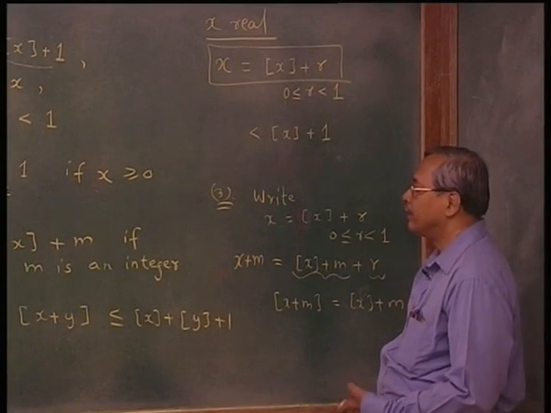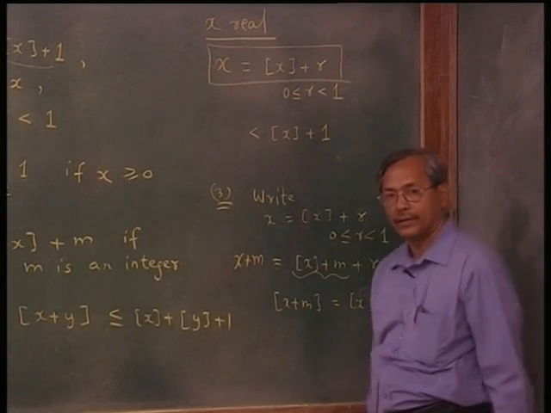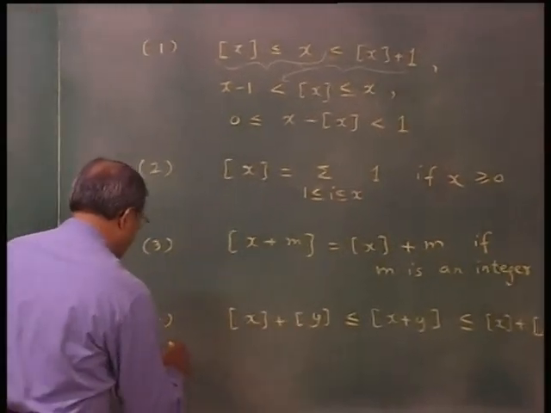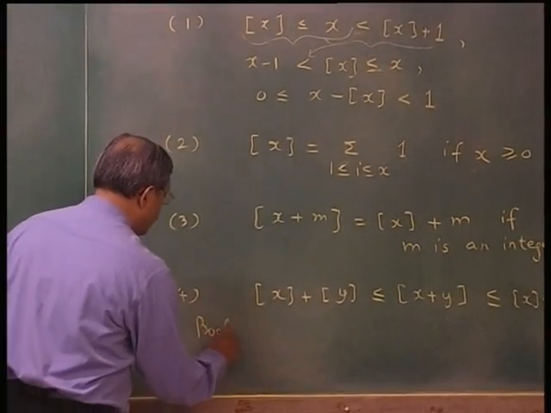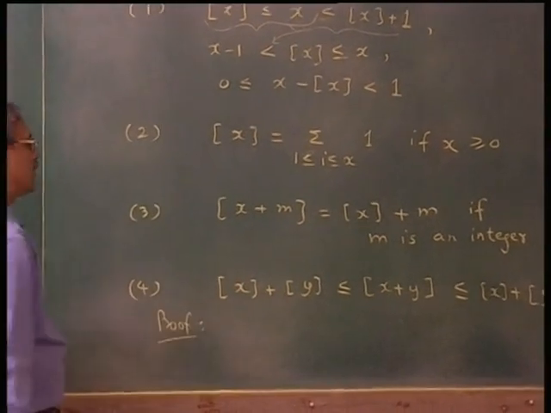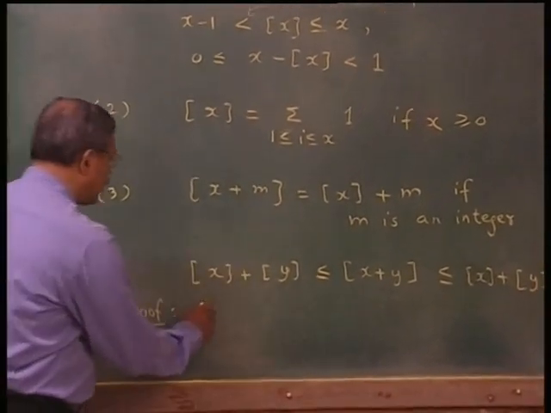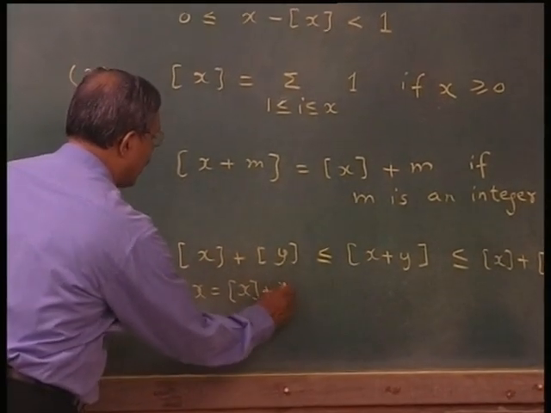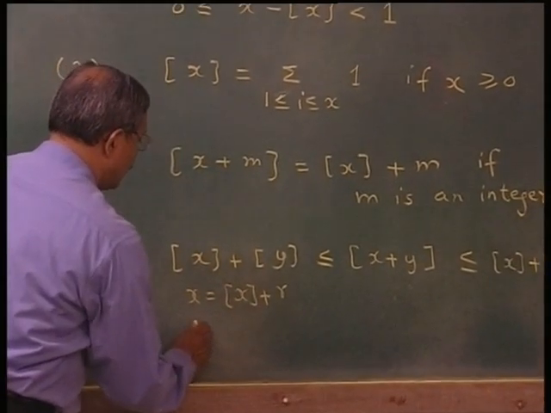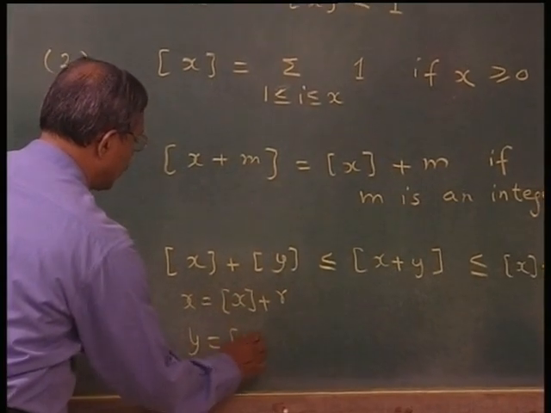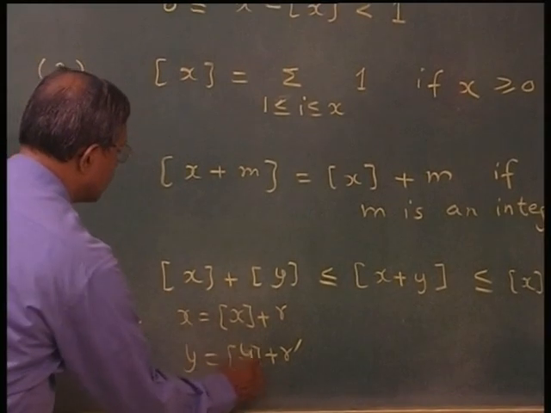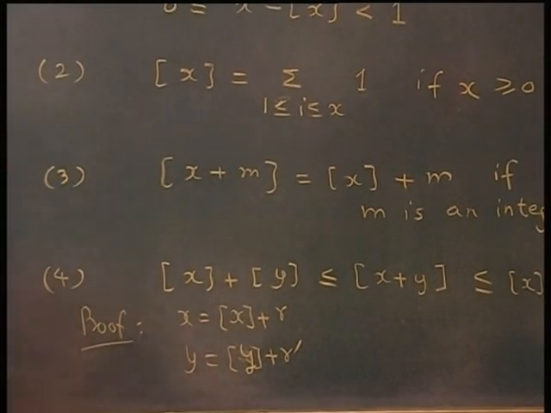So here you can see again by writing x and y in terms of integral part. If you want to prove this, proof of 4: x and y are real numbers, so write x equal to integral part of x plus r and write y as integral part of y plus r dash.